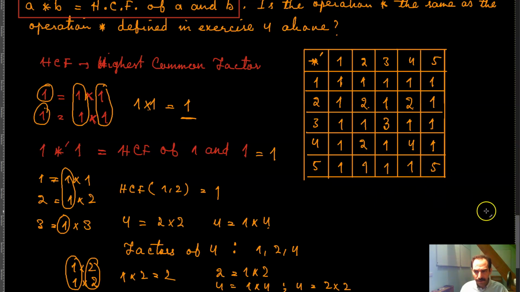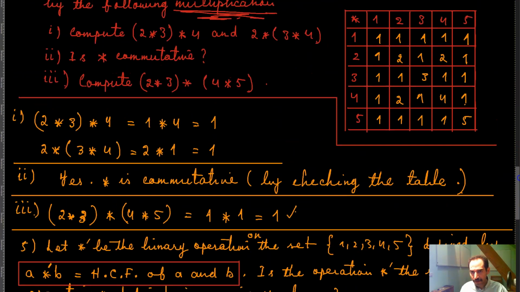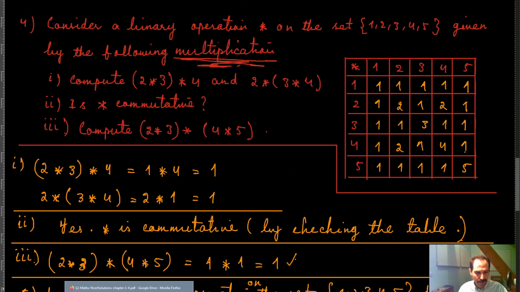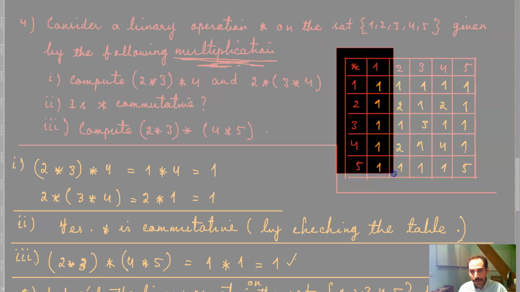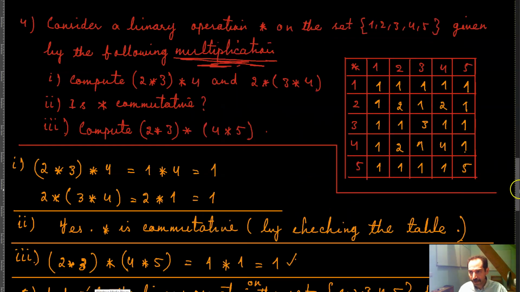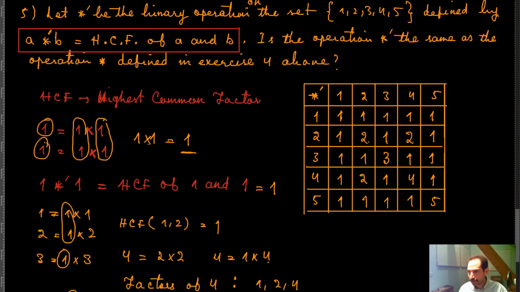So if we take a look at the table up here that we had, we make a screenshot here. So this is the table of star that we had related to the previous question.